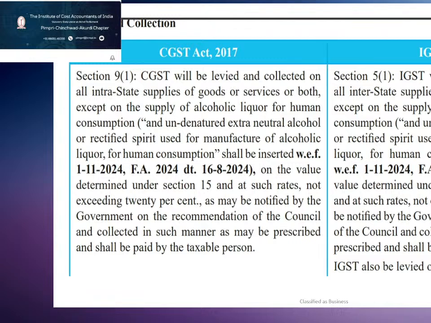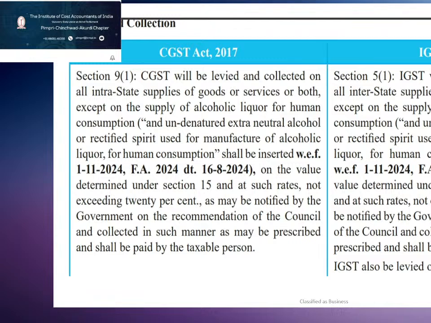So what are the disadvantages of the composition scheme? I have seen a few minutes back that you can't claim the ITC, and an e-commerce seller can't do that business. Same here, the limited territory of business and no ITC available to the composition dealers, and the taxpayer is not eligible to supply non-taxable goods under GST such as alcohol and goods through an e-commerce portal, and no ITC under the composition scheme, which will lead to an increase in the cost.